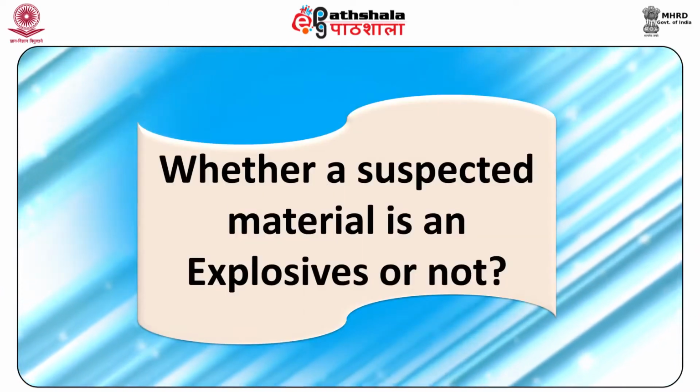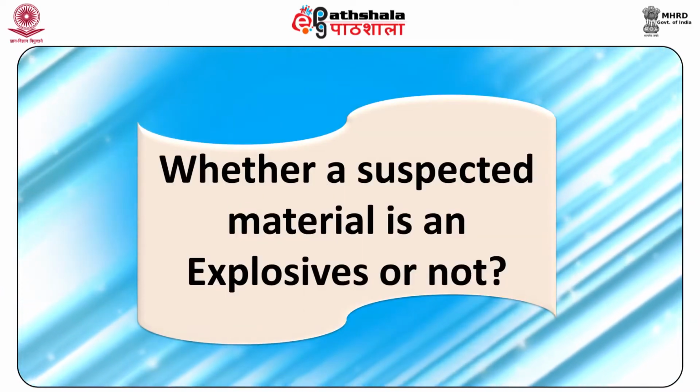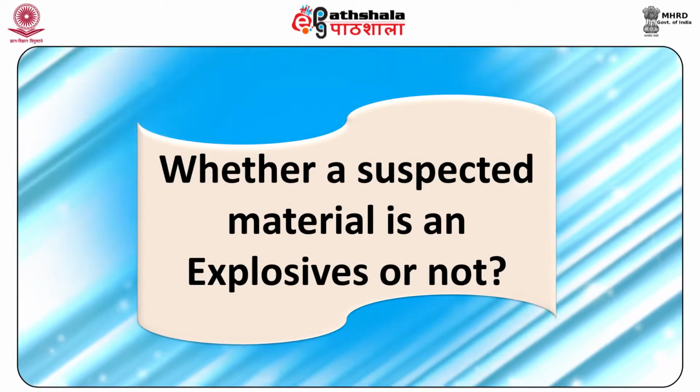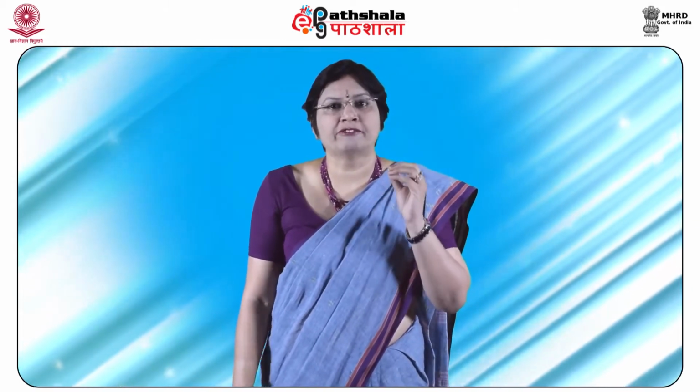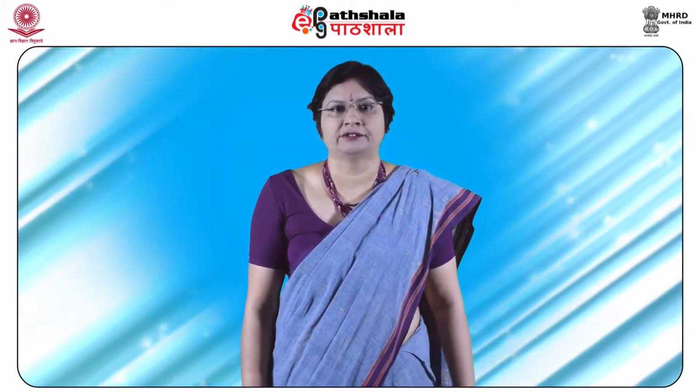Whether a suspected material is an explosive or not, how do we determine this? A slight amount of the suspected substance is taken on the tip of a strip of paper. In the case of a liquid, blotting paper or filter paper, which can absorb it, is dipped in to absorb a fraction of the liquid, and then it is dried.